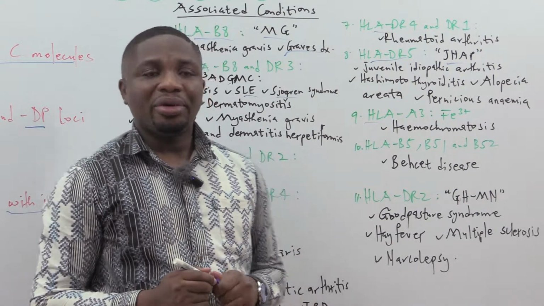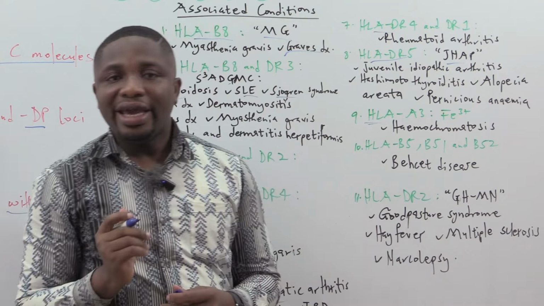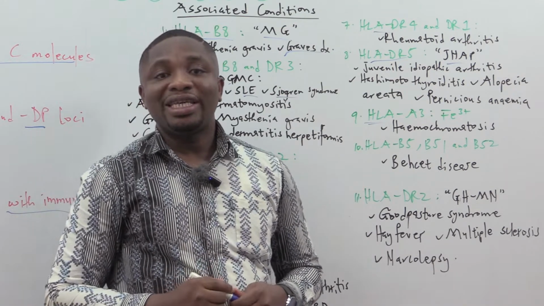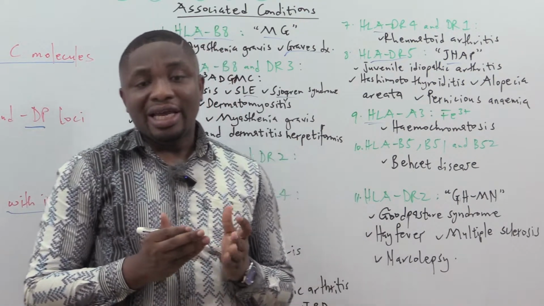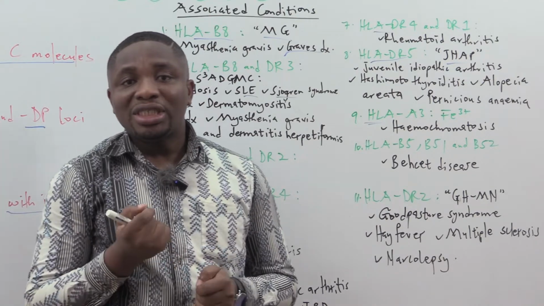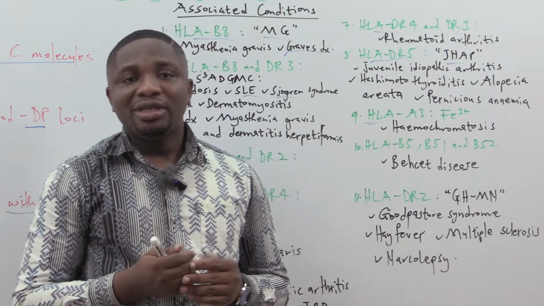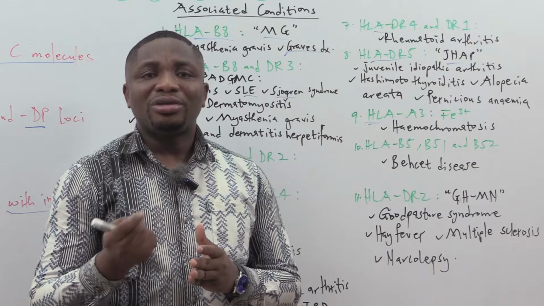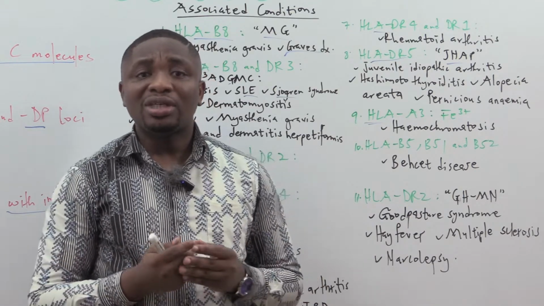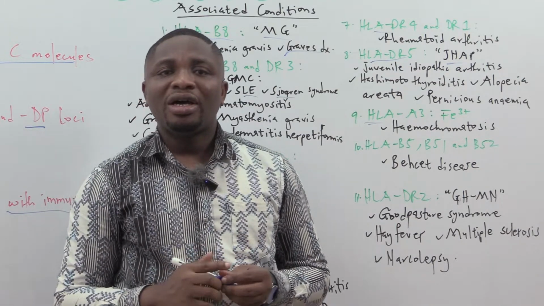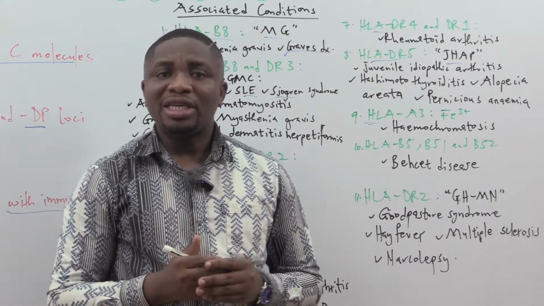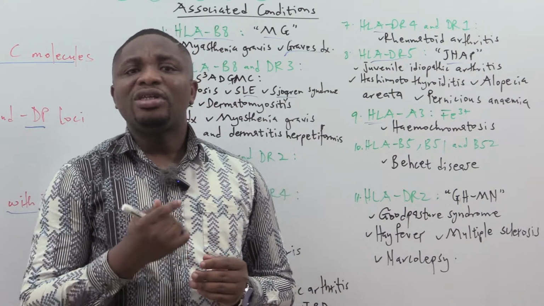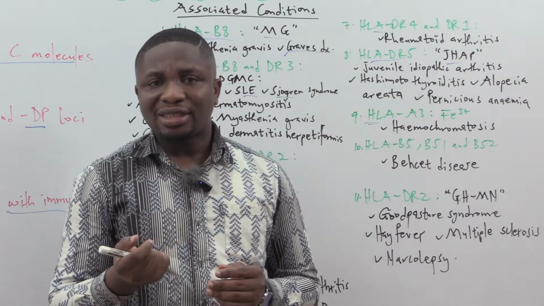Alright, let's move on to the next HLA and the associated condition, and that will be HLA A3. The moment you hear A3, A means it belongs to class 1 HLA. To easily remember the condition, think of iron. You can have several oxidation states because it is a transition metal. The two common oxidation states of iron are 2 plus and 3 plus.